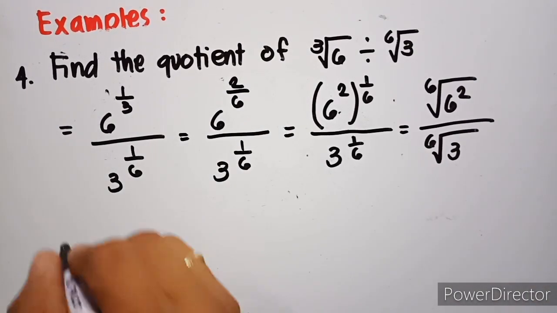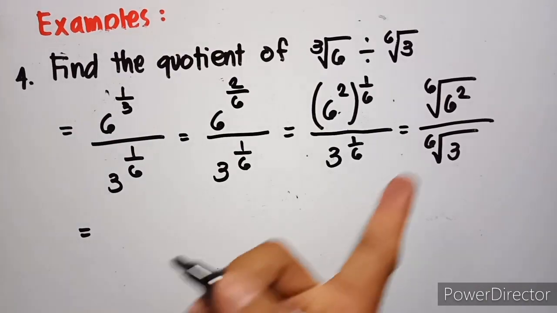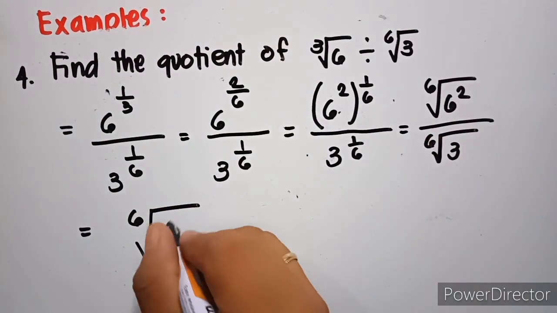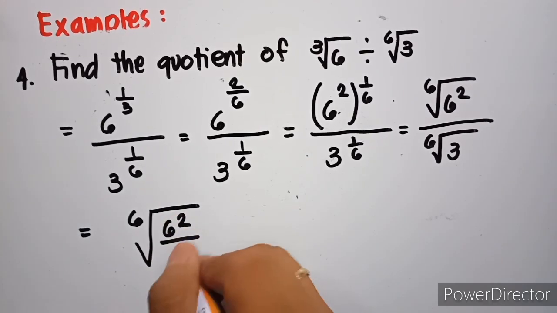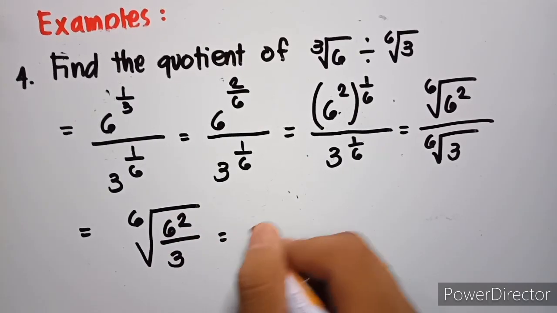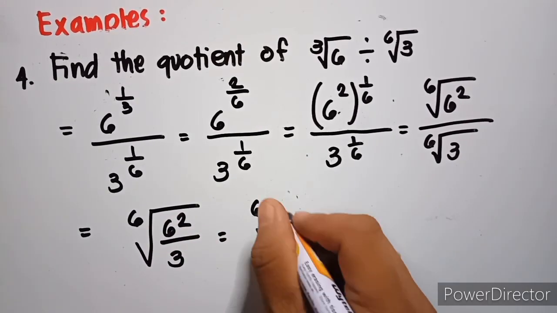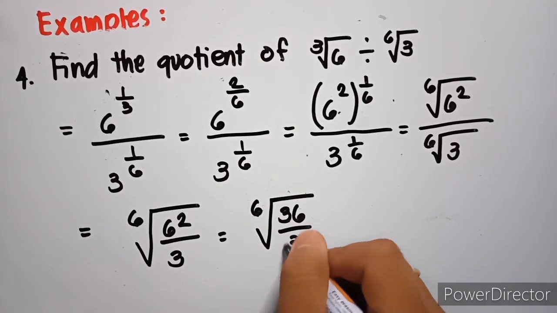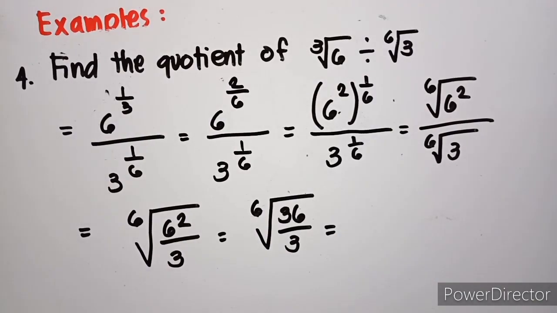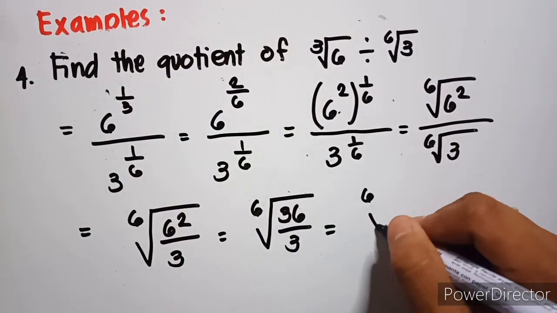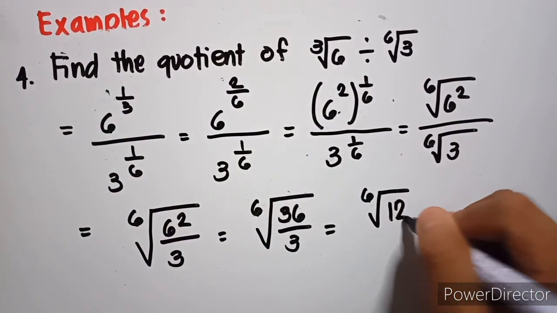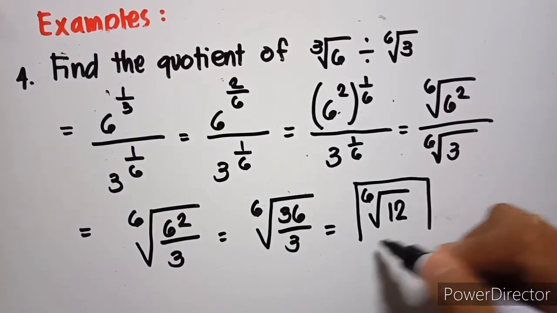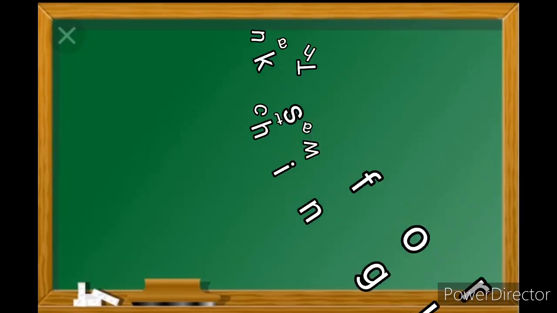Then, this is equal to, by laws of radical, pag-iisahin na lang natin, 6th root of 6 squared over 3. And this is equal to 6th root of 6 times 6 is 36 over 3. So, our answer is 6th root of 12. 36 divided by 3 is 12. And this is our answer.